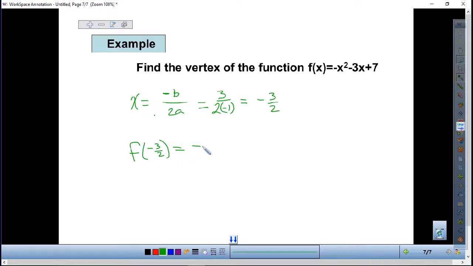So I have negative 3 halves squared. Sorry, I have negative negative 3 halves squared minus 3 times negative 3 halves plus 7.